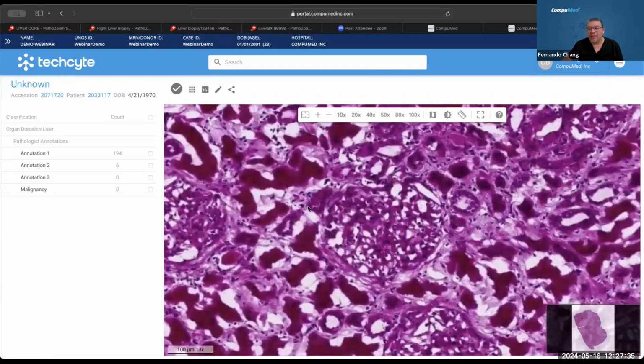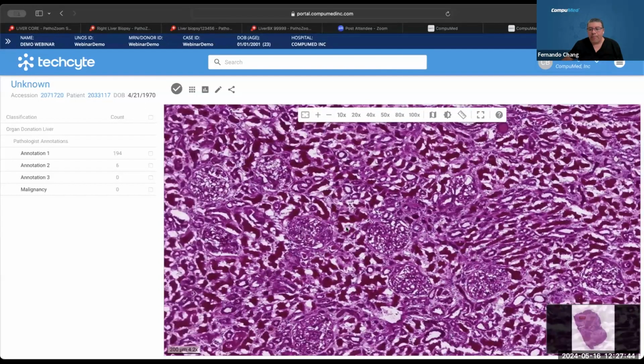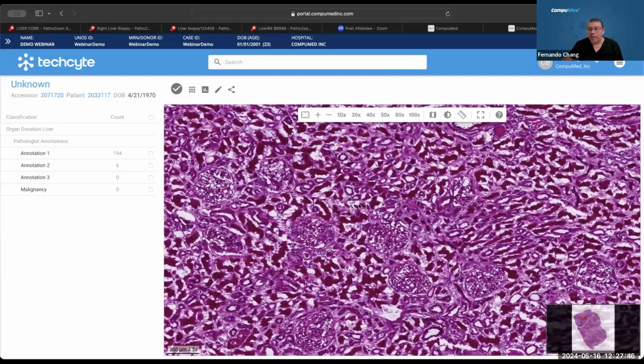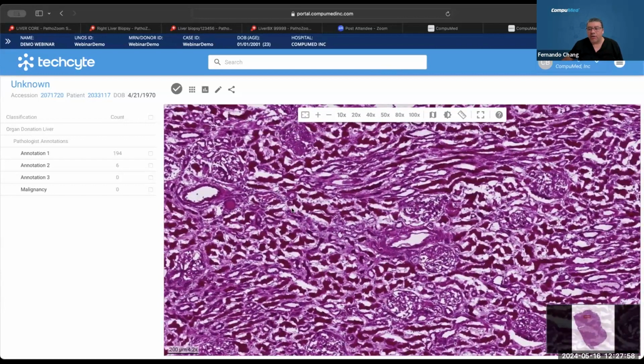And you can see how busy they look because it's superposition of cells, and that's why it happened. And this most likely is because it was cut too hot. It was not cold enough, and you can see that. And we can see the compression artifact all over the place as well.